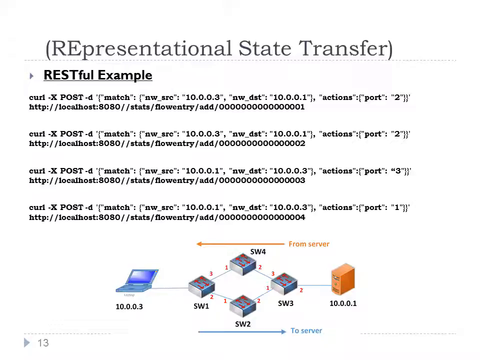So the approach is not very intuitive, and this is one of the ongoing research problems within the SDN domain as well, which I will discuss later in detail. How can we use the intent rather than the method to specify what we need without specifying how we need? So the northbound API is still very much under development.